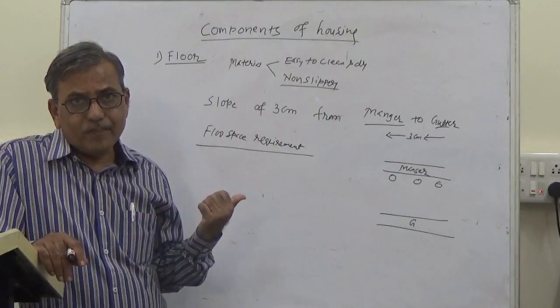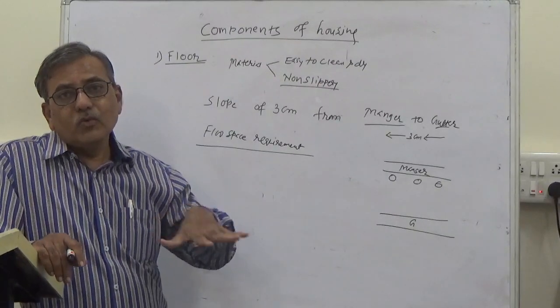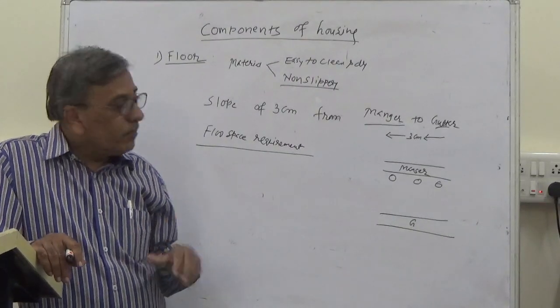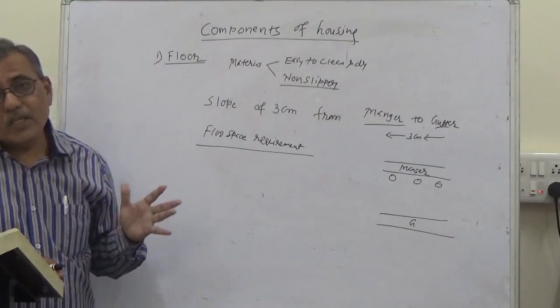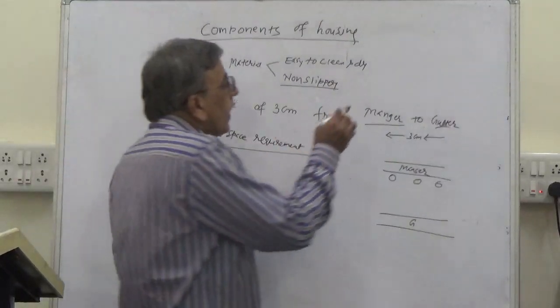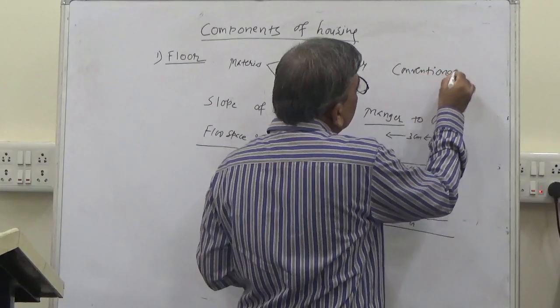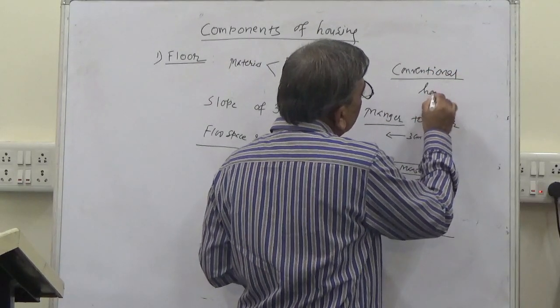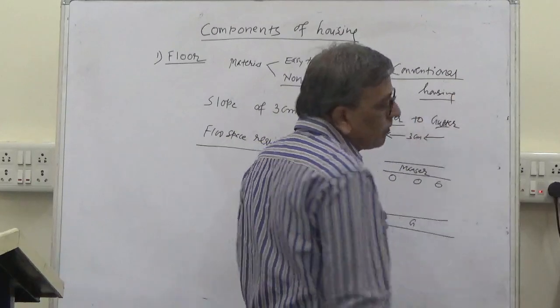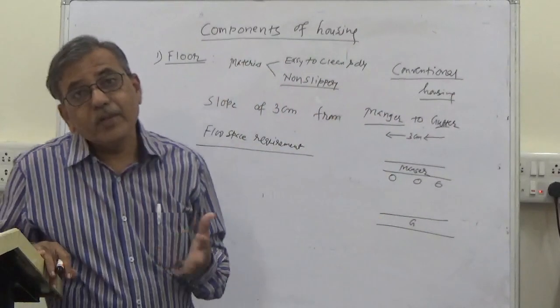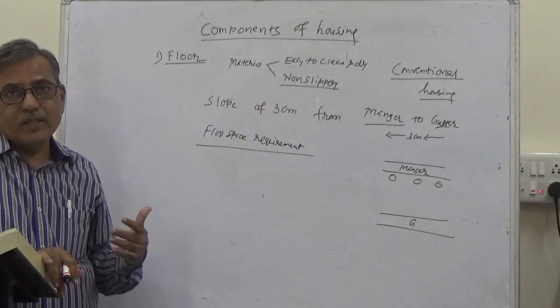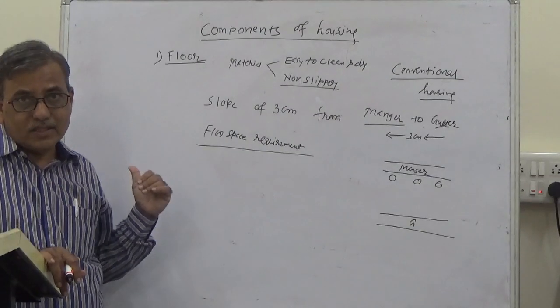It is flexible. The animals are free to move inside the campus. But as far as conventional housing system is concerned, the floor space requirement per animal is calculated, and accordingly the house is constructed.